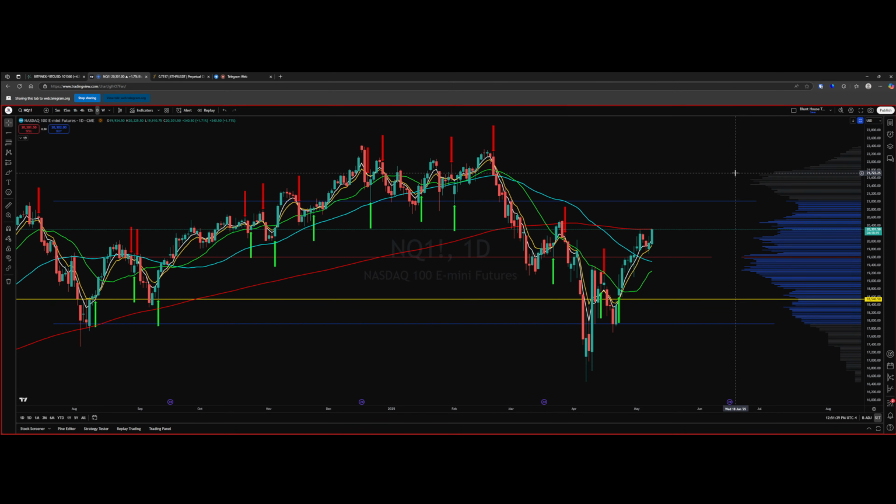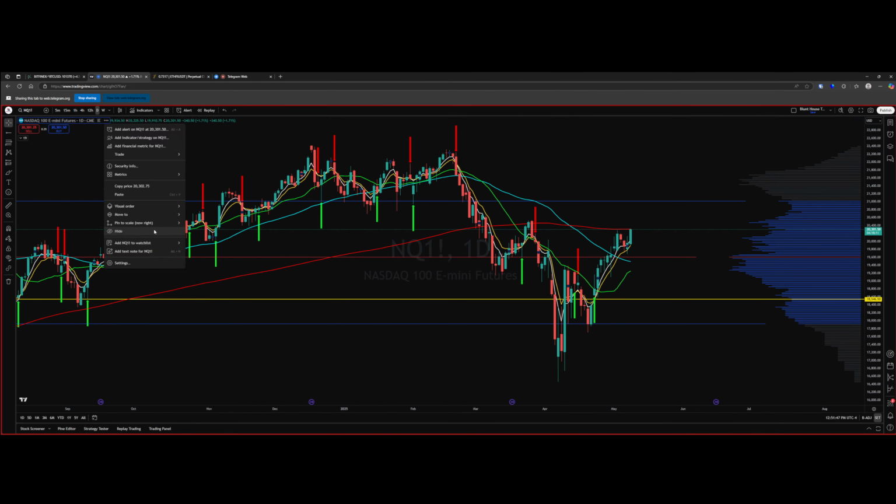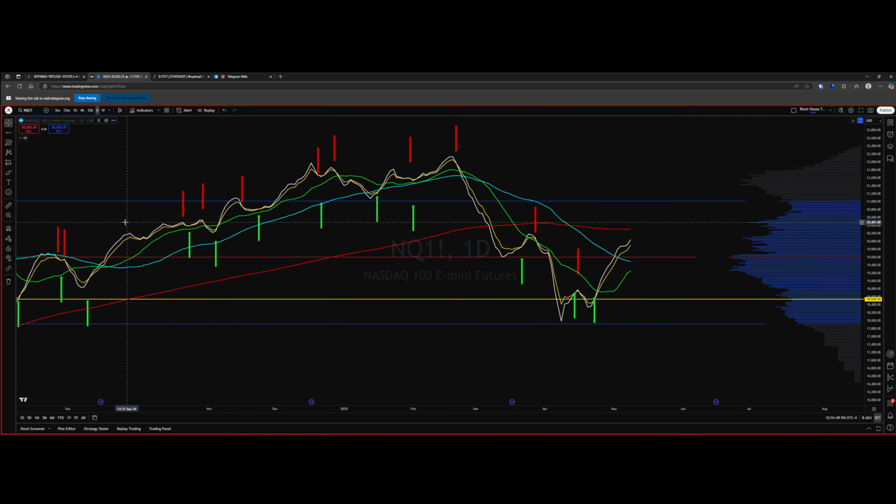It formed an M top at the 22,000 level, and then we broke through, taking out quite a lot of these lower highs, and now we're pushing back up to that 2800 level.